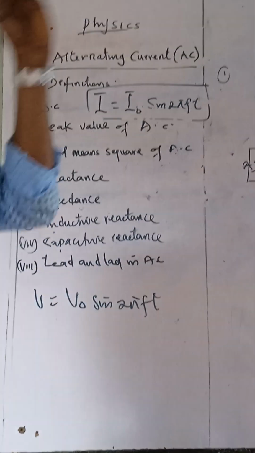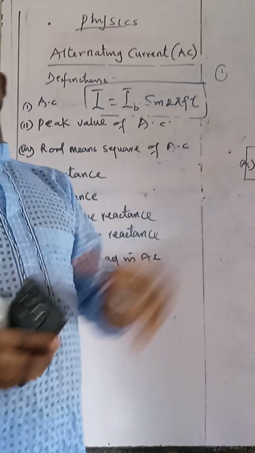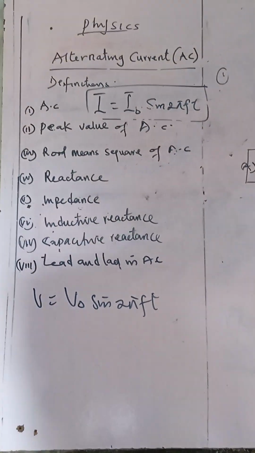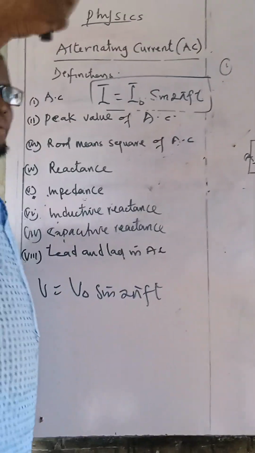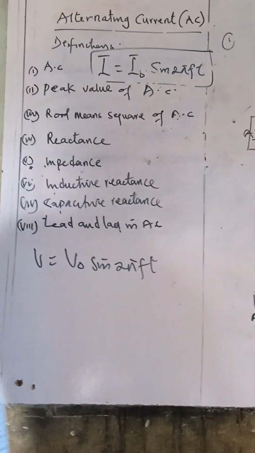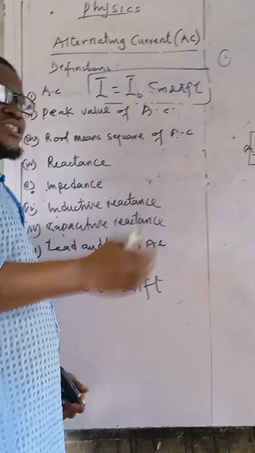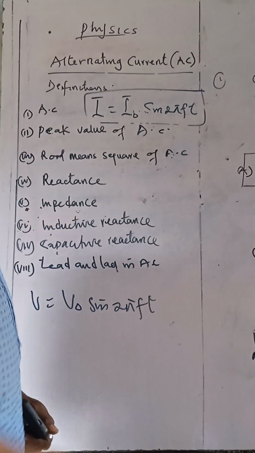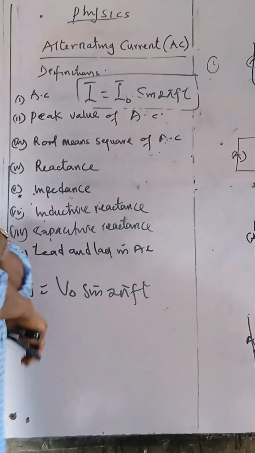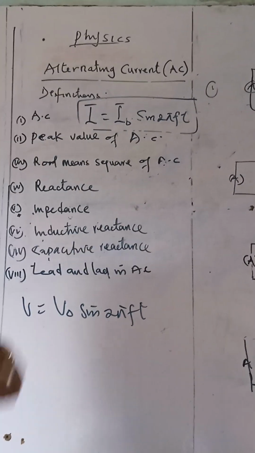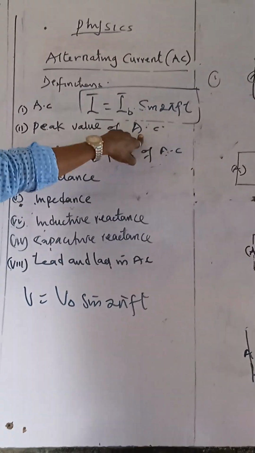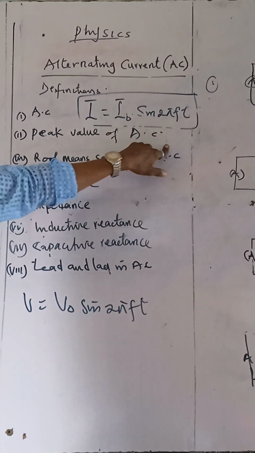The maximum numerical is coming from the word number, meaning the greatest number that can be attained by an AC, the greatest number that can be obtained by an alternating current is called what? Peak. So if an alternating current obtains 50, meaning the peak value should be 50 ampere. So peak value is the maximum or the highest numerical value of an alternating current.